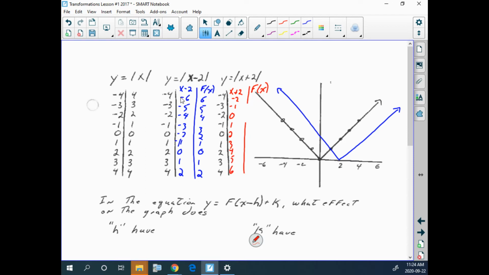What happens here, they don't have to be as big because I'm taking my x value, adding 2, and then plugging it into my rule or plugging it into my machine. So I don't need to have as big a number. So my vertex in this case becomes -2, because -2 plus 2 gives me my 0. Plug that in, that rule gives me 0. So now I have a graph like this.